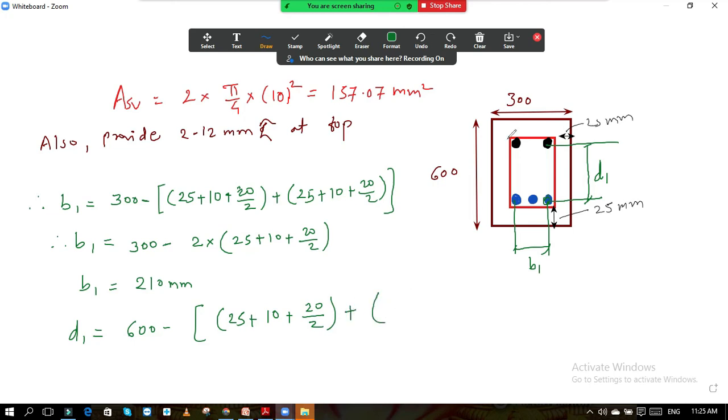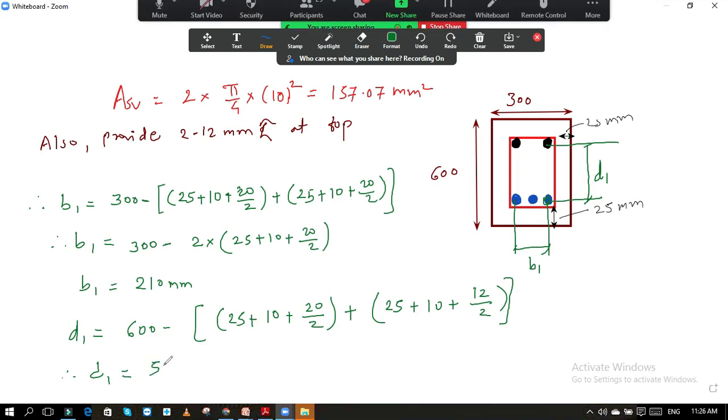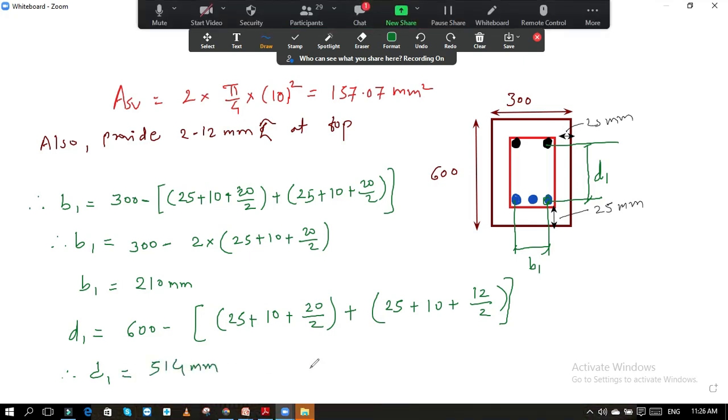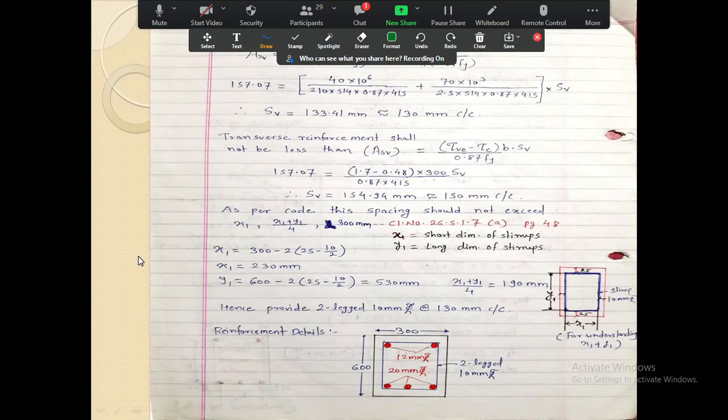So now plus again see from the top, the clear cover is 25 plus again the stirrup bar diameter is 10 plus the top bar diameter is 12 by 2. So the topmost bars are of 12 diameter. Okay. So you can solve this. D1 is equal to 514, and so now we have got this value B1 and D1.